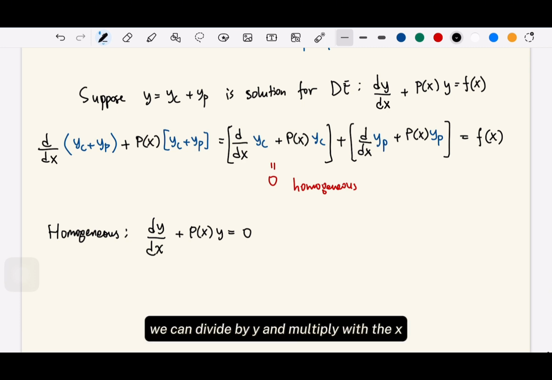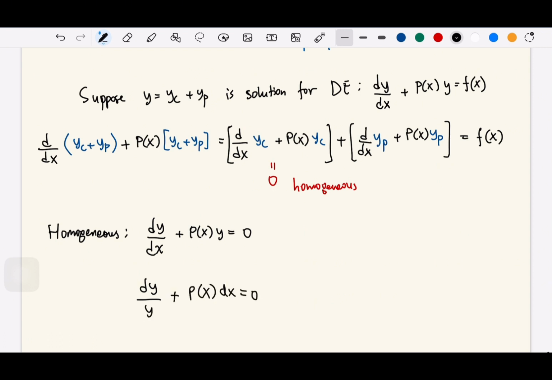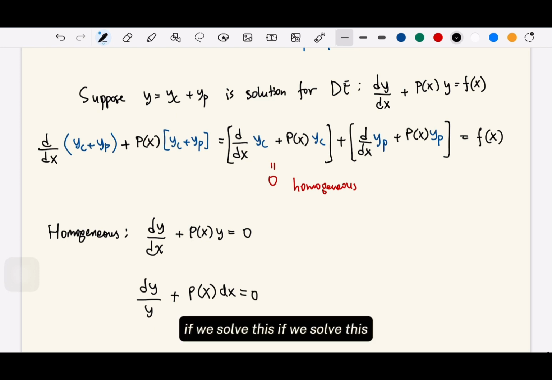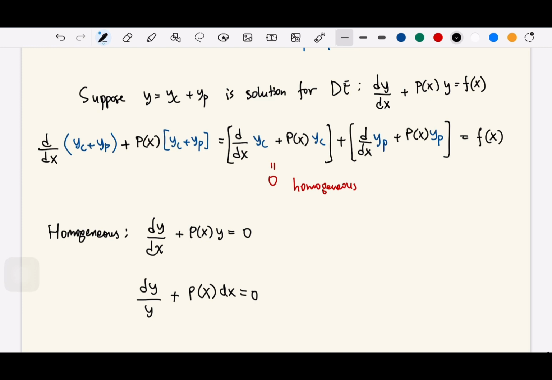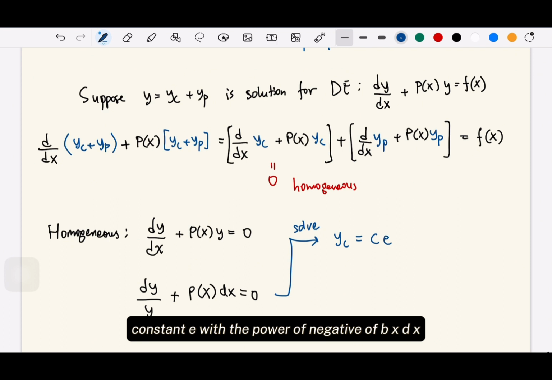We can divide by y and multiply with dx. So we get dy over y plus p(x) dx equal to 0. And if we solve this, we get yc is a constant times e to the power of negative integral of p(x) dx.